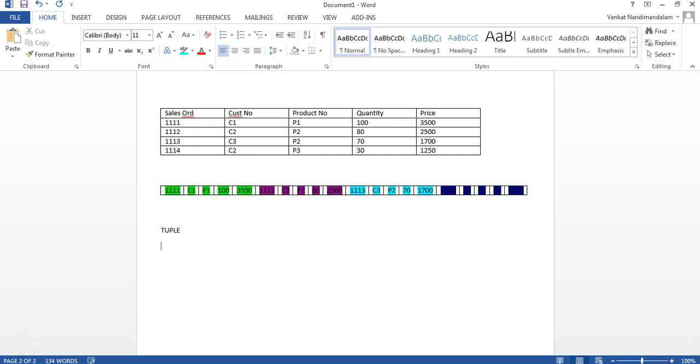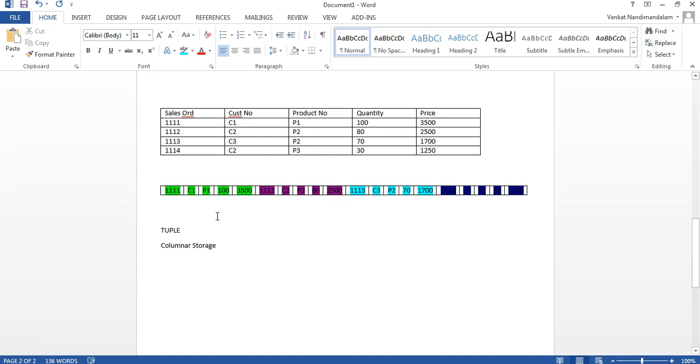Now with HANA into the picture, you have got a different storage format, which is columnar storage. What is the difference between these two types of storages, and what are the advantages that you are going to get with columnar storage?